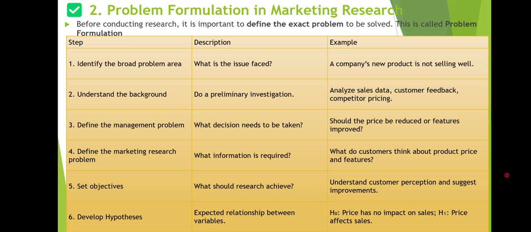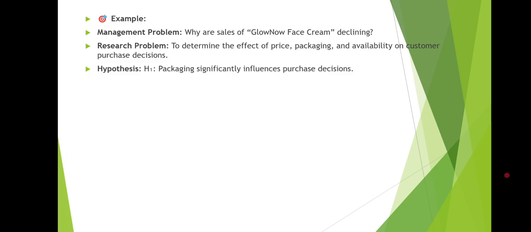That means the expected relationship between variables, like H0, that means price has no impact on sales, and the alternative hypothesis, that means price affects sales. Here we make two types of hypothesis, alternative and null hypothesis. Null hypothesis is, price has no impact on sales, and alternative hypothesis is, price affects sales.